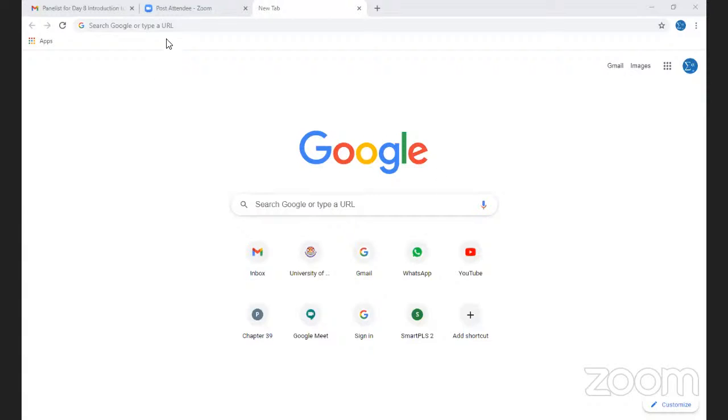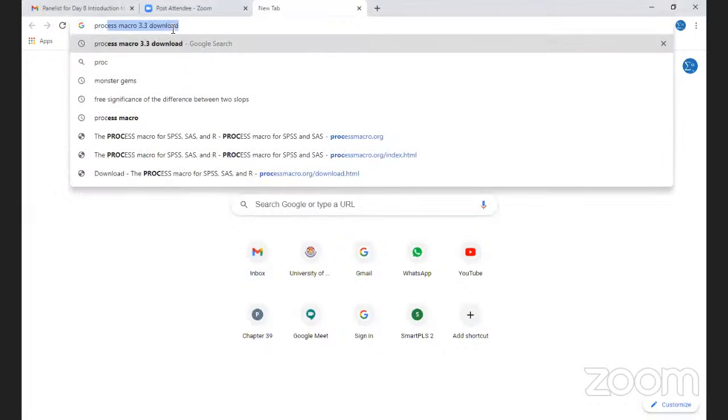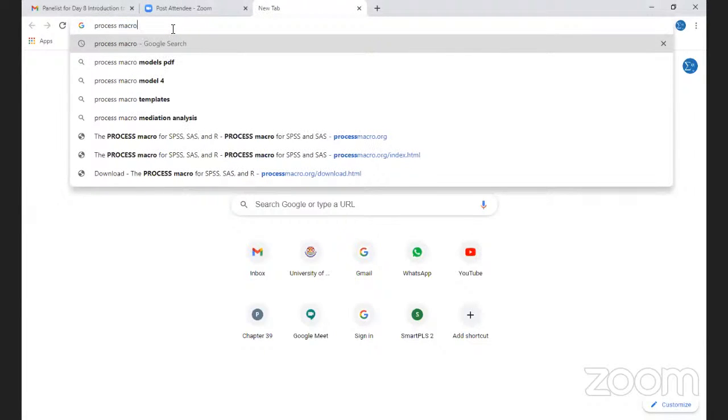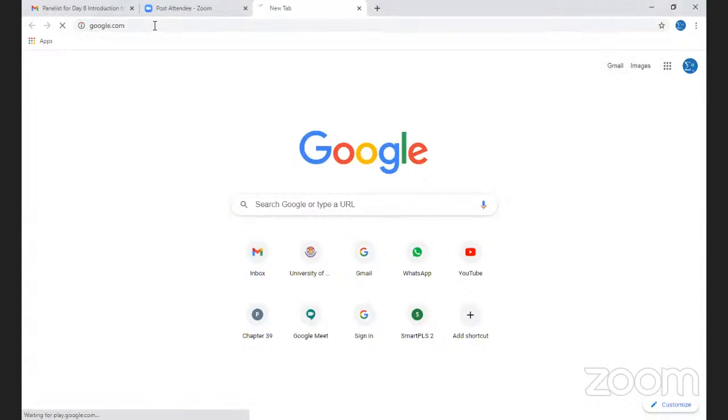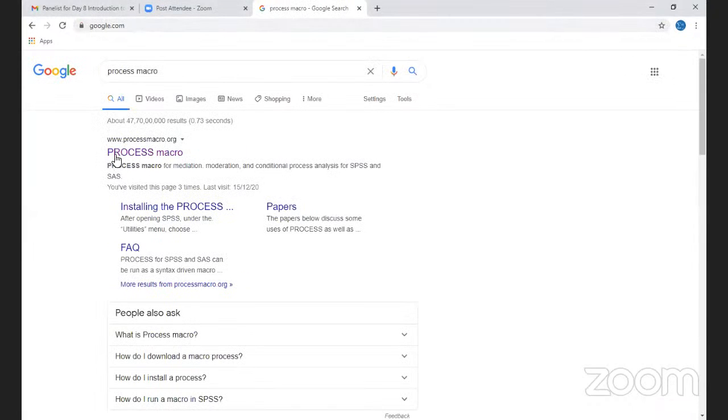We just simply write here process macro on Google. You go on Google, search process macro, and then you will get the site of the process macro. I am just clicking it, and here you can see download.